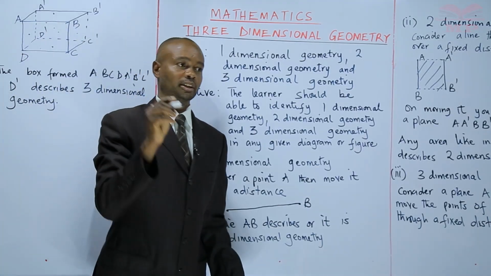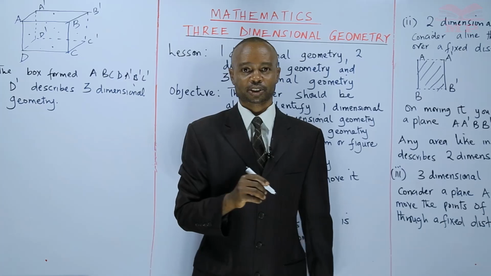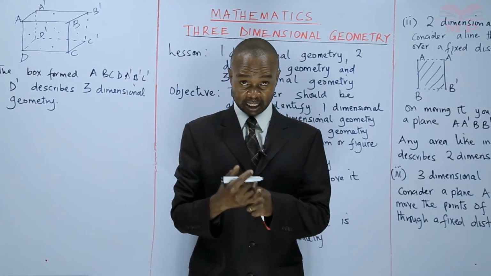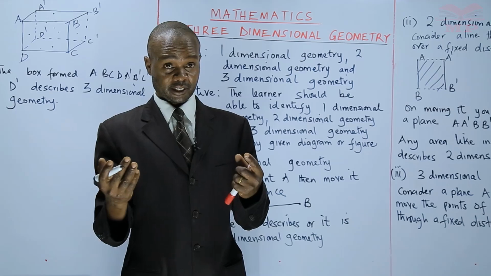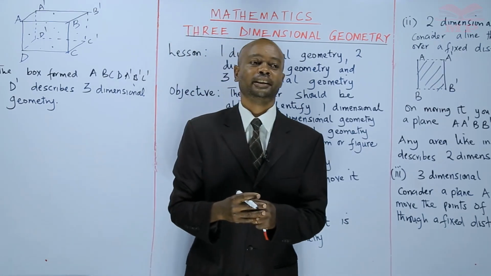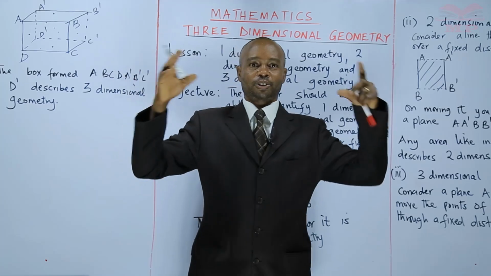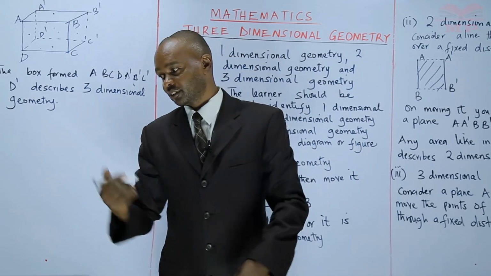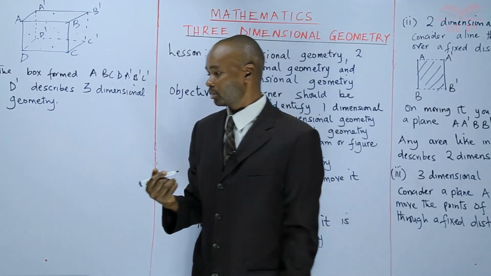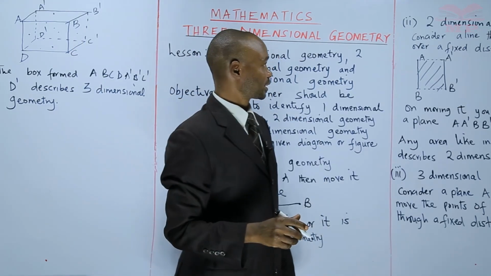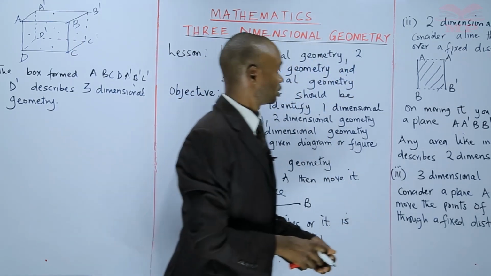So most of the regular solids you have are boxes, but you know there are other solids you'll meet later, like a sphere. A sphere could be having a center, but it was magnified, moved through all over to have the 3-dimensional geometry. So a box describes 3-dimensional geometry.